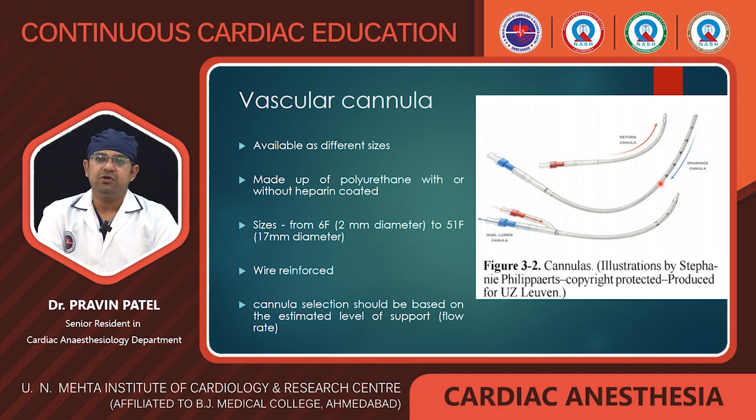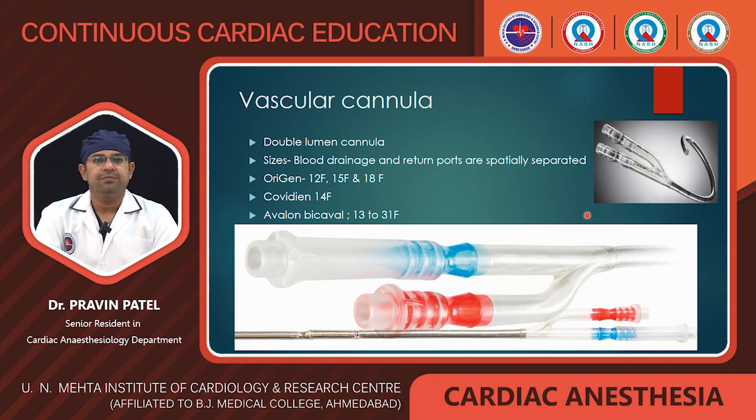This we basically use in the IJV or femoral venous line for drainage purposes. Another one is the double lumen cannula, where there are 2 dedicated openings, the outer one for the drainage and the inner one for the return.